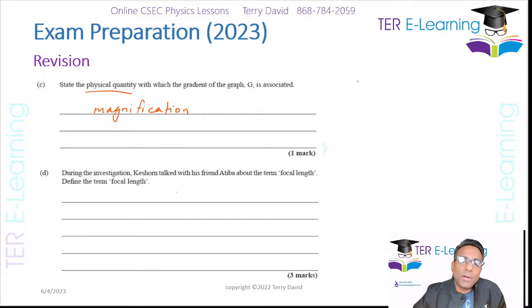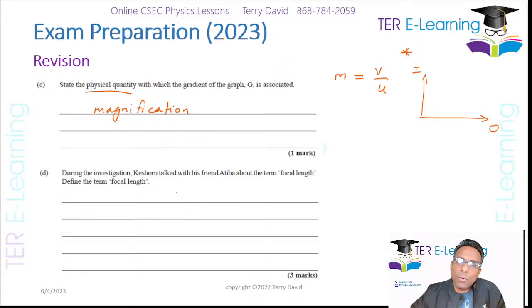right? Now, for those of you who reviewed lens law and all of those things, magnification is given by v over u. That's something you all had to learn for your exam tomorrow. Magnification is given by image distance over object distance, right? The graph that we just plotted there would have been image distance against object distance.